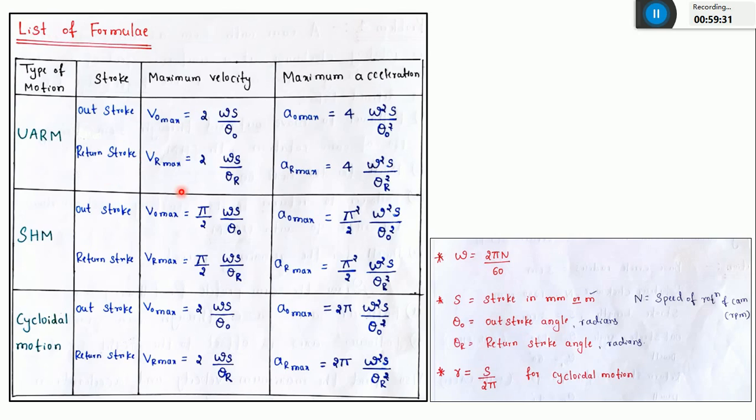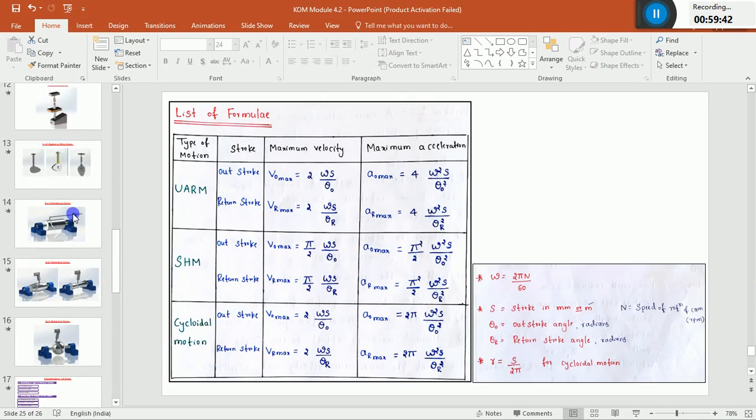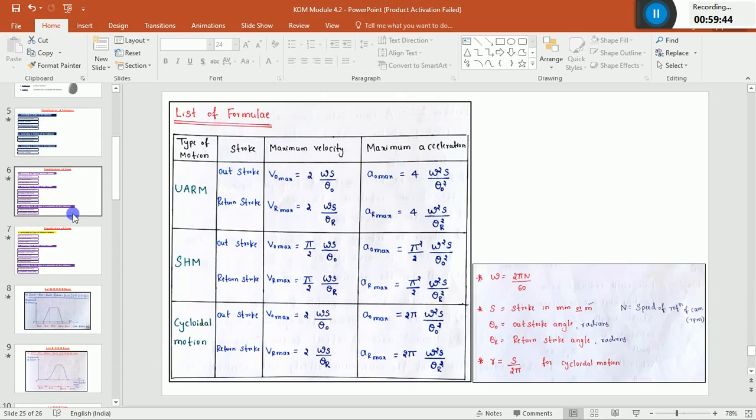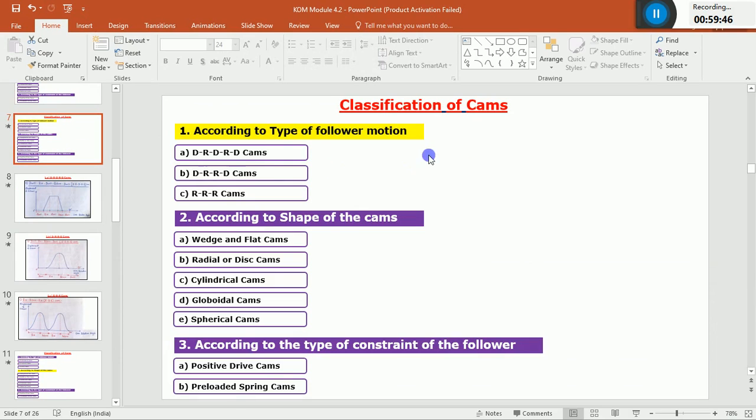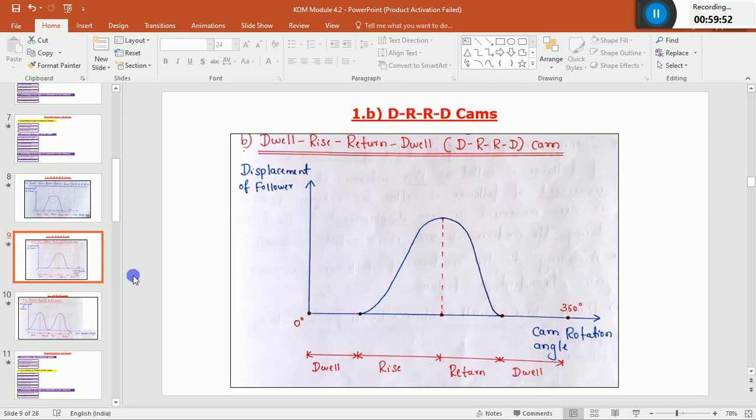If it is clear, I'll wind up today's class. In today's class we have discussed the classification of cams on different criteria. So these are the different classifications of cams.